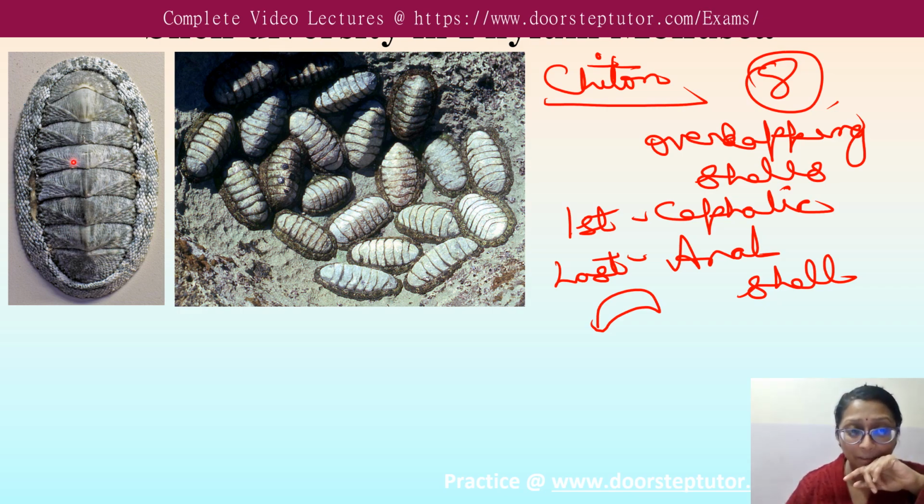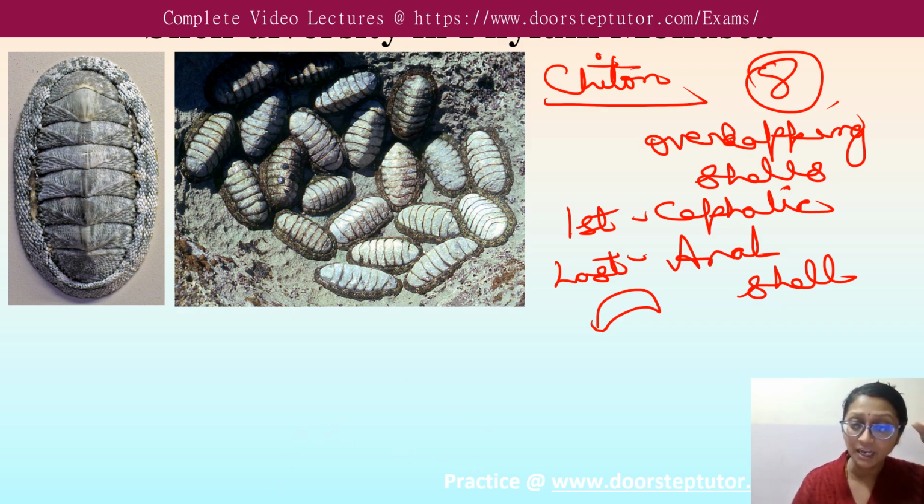You can see in between there is a keel, a swelling, a raised platform. The shell is composed of only two things, conchiolin and calcium carbonate.